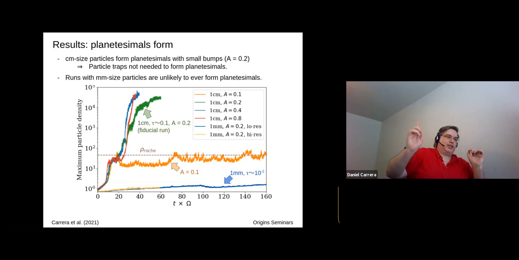One orbital period is about 2 pi inverse omega, and the orbital period at 50 AU is about 200 years or so. So it's in units of the orbital frequency at 50 AU.